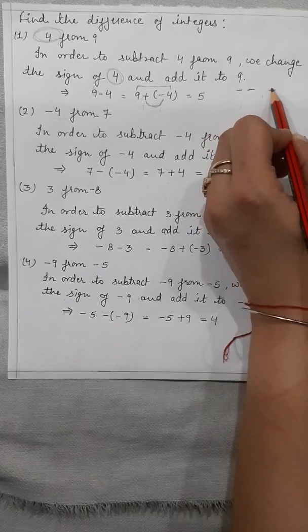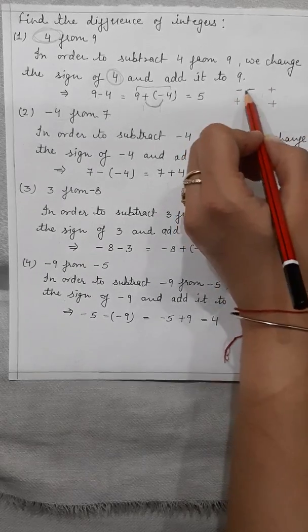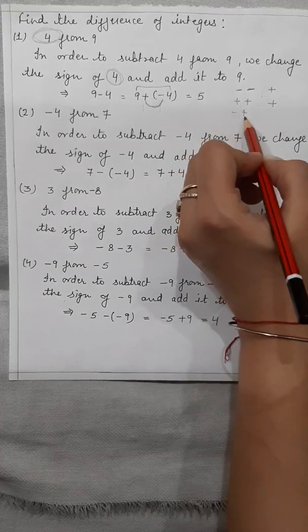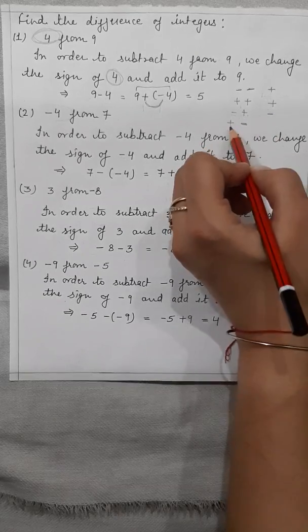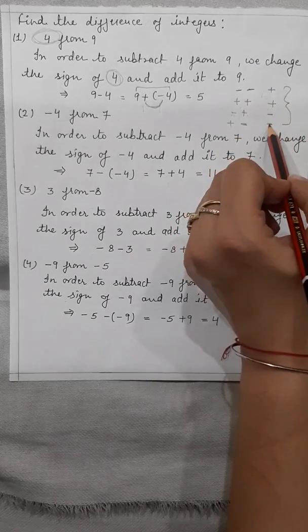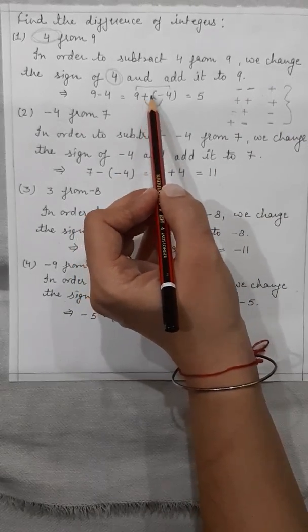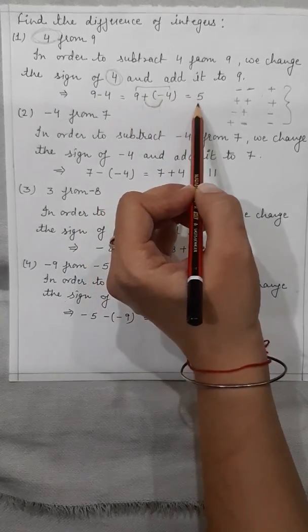Minus minus should be plus, plus plus should be plus, same sign gives plus sign. If the signs are different, minus plus or plus minus, then the result is minus. This you have to keep in your mind. So here you change these two signs into a single sign, plus minus gives minus. 9 minus 4 is 5.